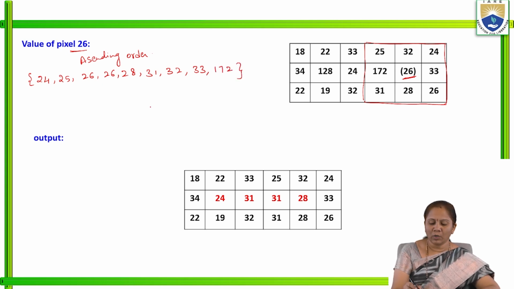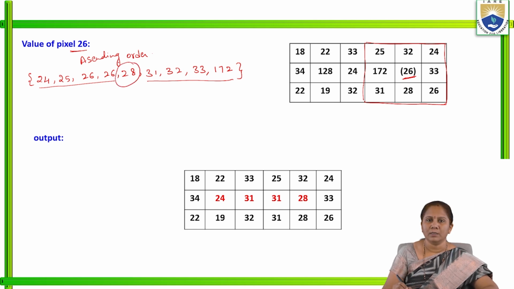Okay. So out of all these, 1, 2, 3, 4 and 1, 2, 3, 4, 28 is the center pixel value. So this 26 will be replaced with 28.